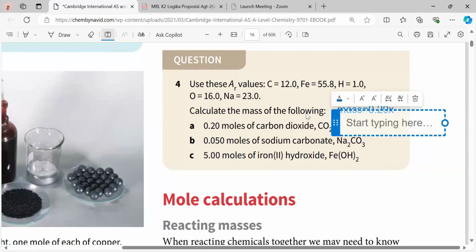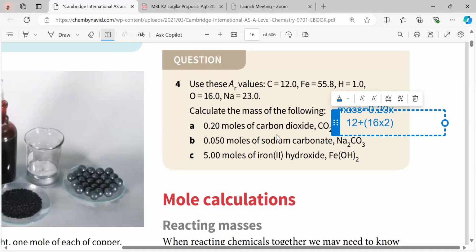So C is only 1 here, so we can put 12, and then plus, and we have to do this in parentheses. O2 means that there are 2 oxygen atoms in this compound. So 1 oxygen will be 16, so 16 times 2.